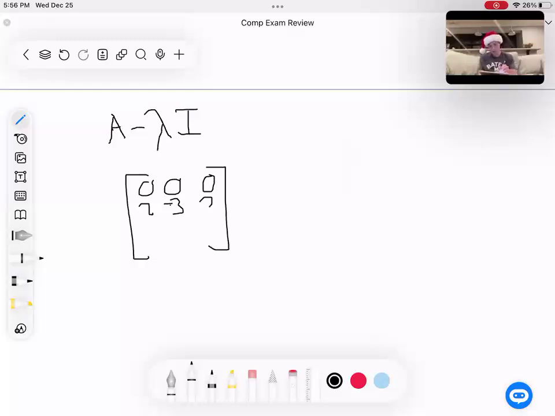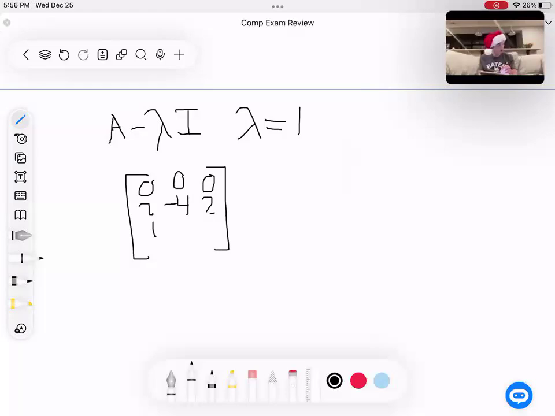Remember, this is a repeated eigenvalue, right? Lambda equals 1 has multiplicity 2. So we should expect, hopefully, to get 2 here. Otherwise, we'd have an issue. So when we row reduce this, oh, and I forgot to subtract, so let me subtract. So when we subtract 1 from that, that's going to be -4. This is going to be 0.